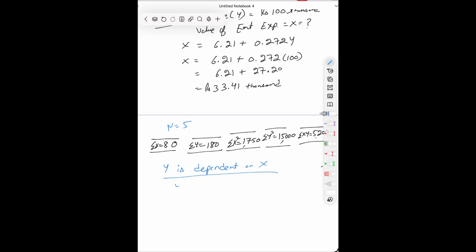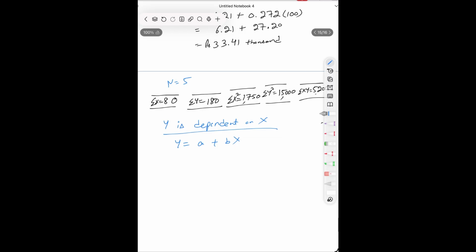So the regression equation will be y is equal to a plus bx. To find out the value of a and b, we have to use the two normal equations, which are sigma y is equal to na plus b sigma x, and sigma xy is equal to a sigma x plus b sigma x square.